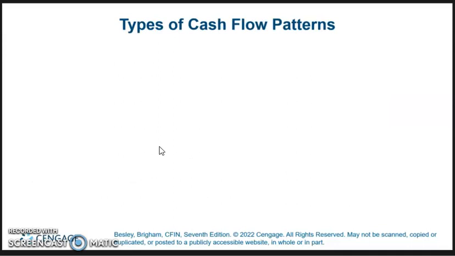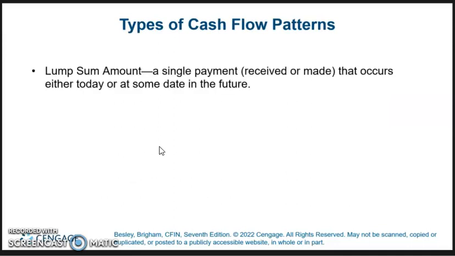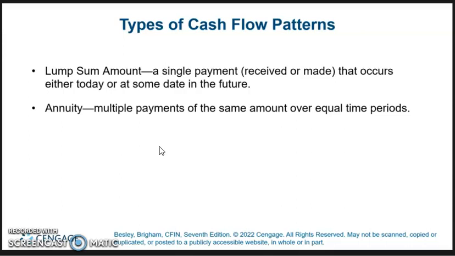Different types of cash flow patterns. We touched on these a little bit. Lump sum: a lump sum is a single payment amount received or made that occurs today or sometime in the future. An annuity is a series of identical payments made over equal intervals, for example monthly, annually, quarterly, and so forth.